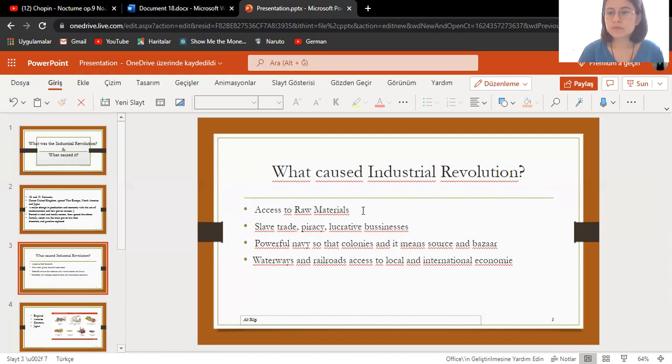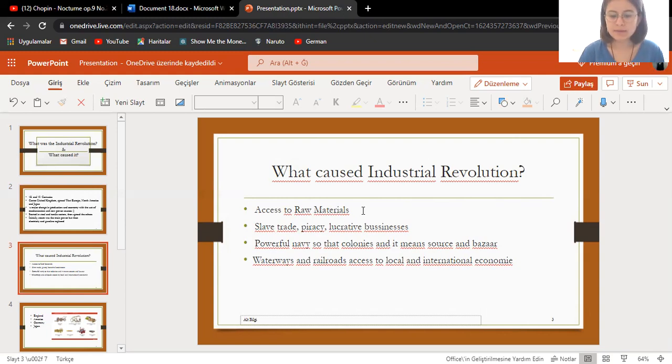And colonialism also means the slave trade. They took the people, they brought them to their countries, and that means cheaper or maybe free workers, free work power or human power.